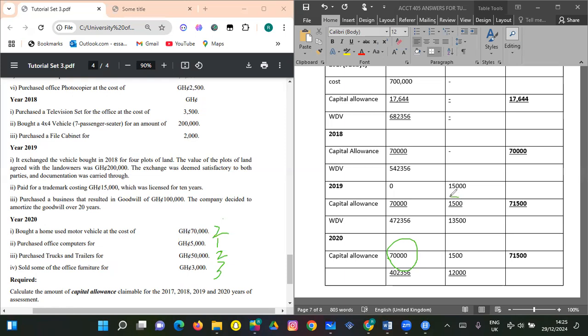So 1,500 again will be granted as a capital allowance. And now since we want just the written down value, when we subtract it from the old written down value, we are going to get our new written down value.